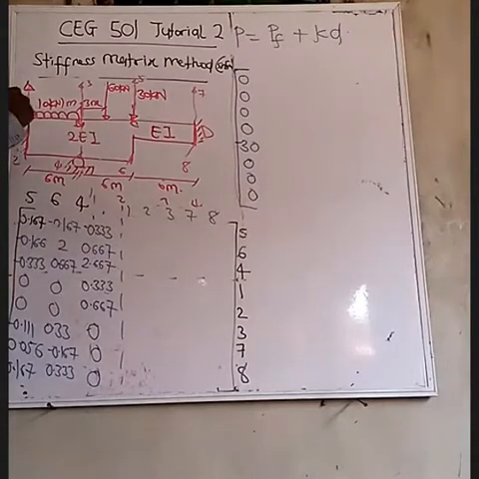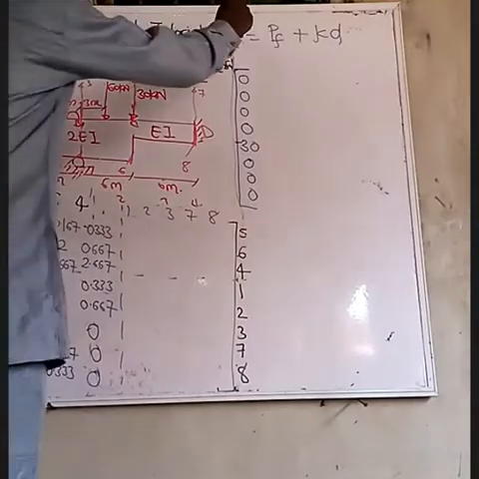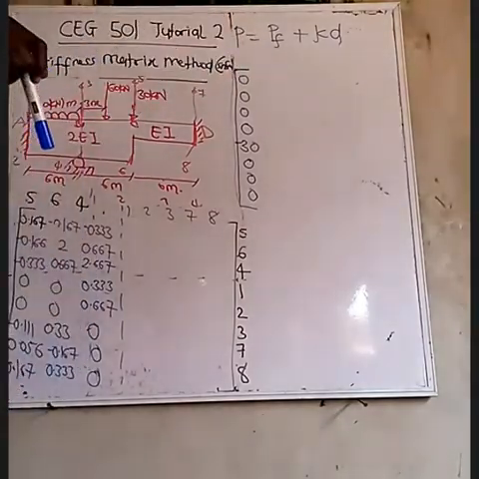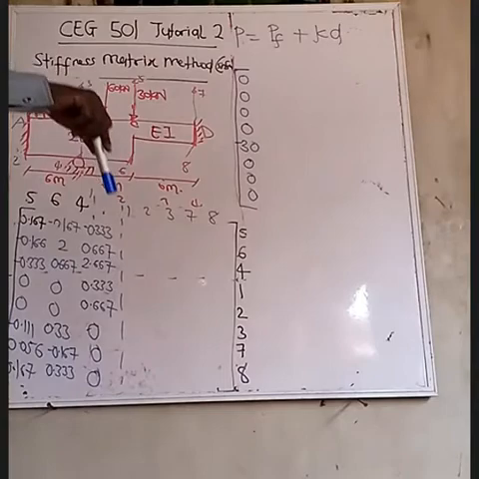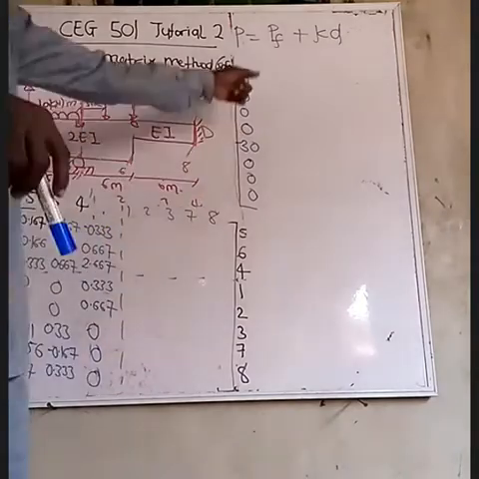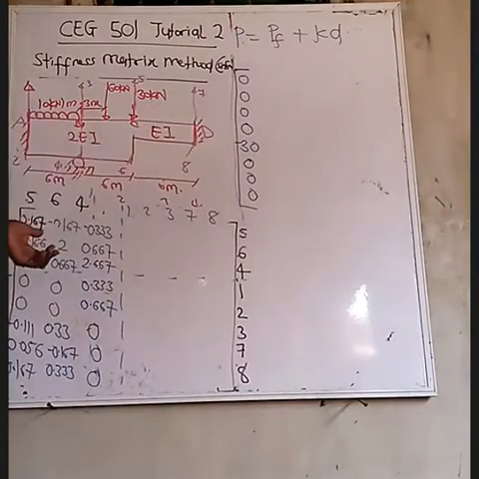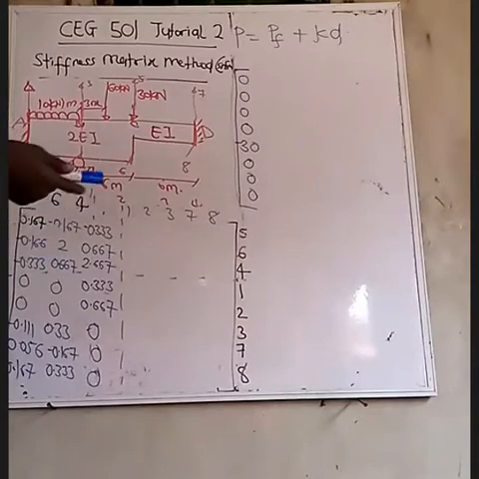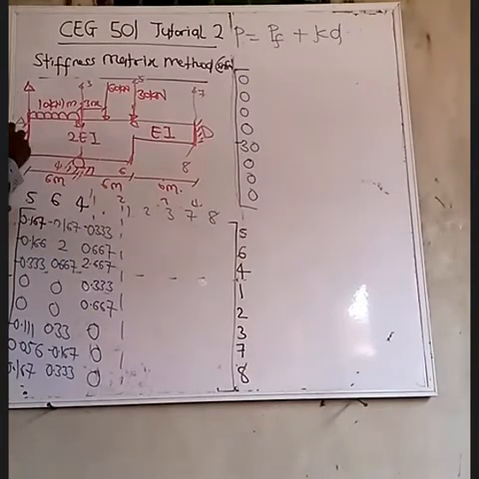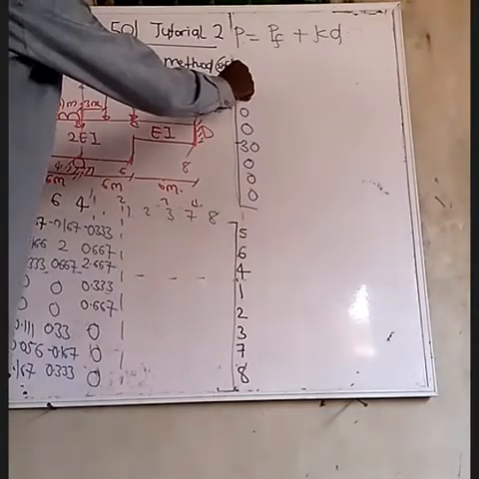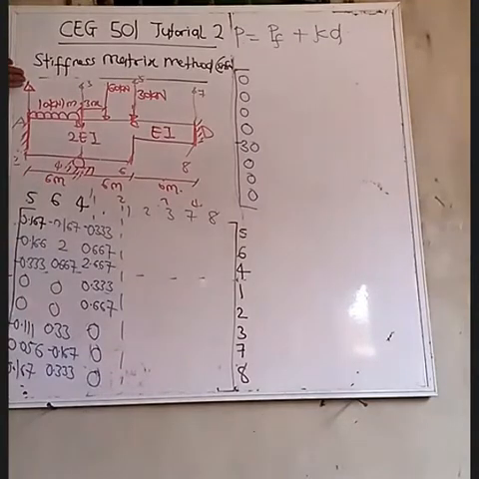At this point, we didn't apply any moment. This one represents the load matrix, the load that we applied on the structure. This one represents the one due to the fixed support. So let's say at this end they told us they applied a moment of 20 kilonewton meter there. That is when our 2 will now have a value.